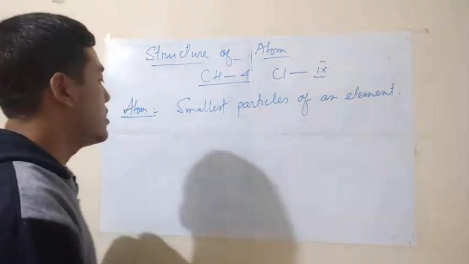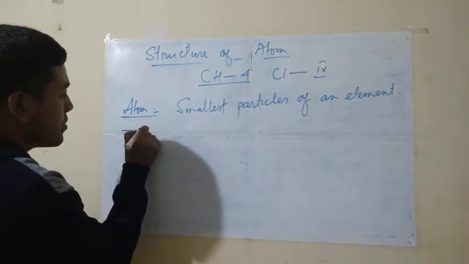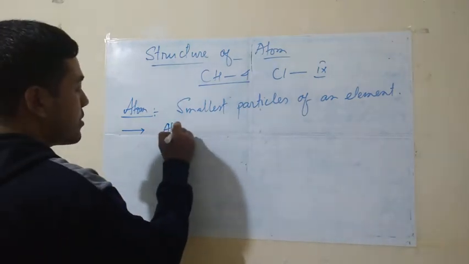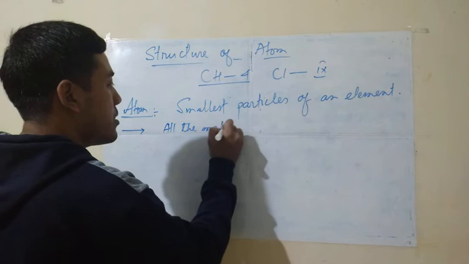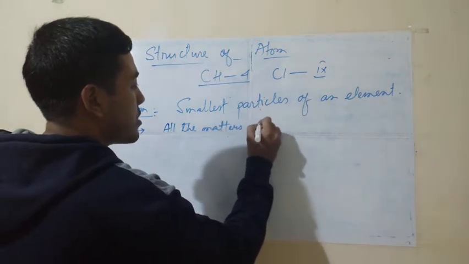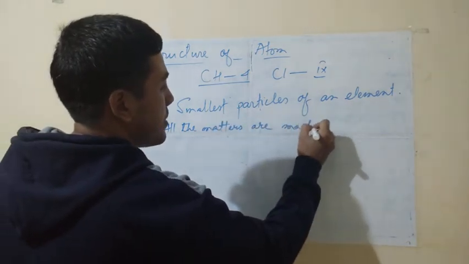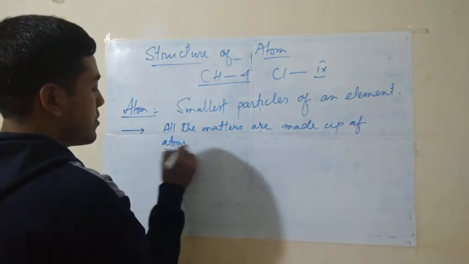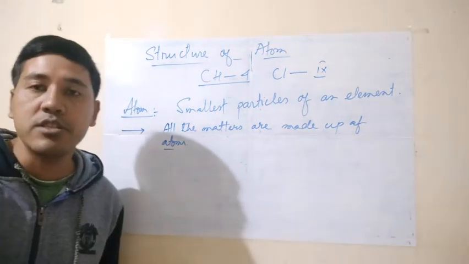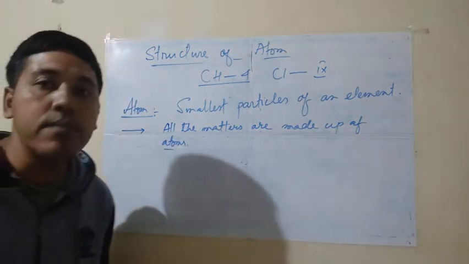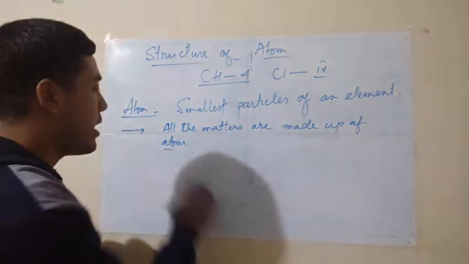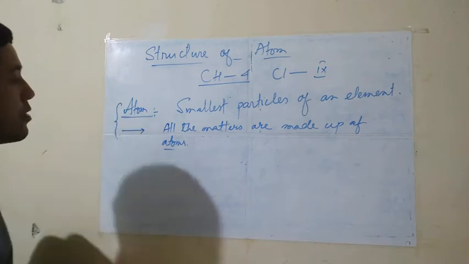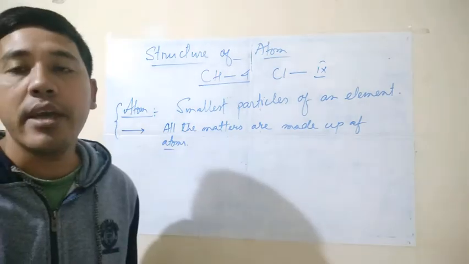We also know that all the metals are made up of atoms, from chapter number 3. Now in this video, we are going to study about the atom.